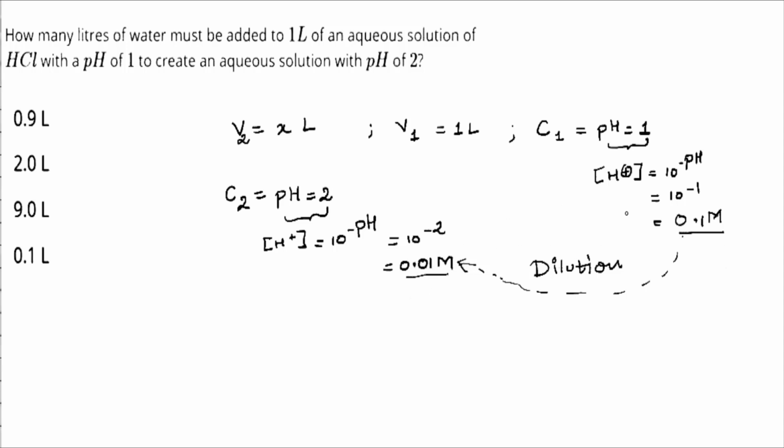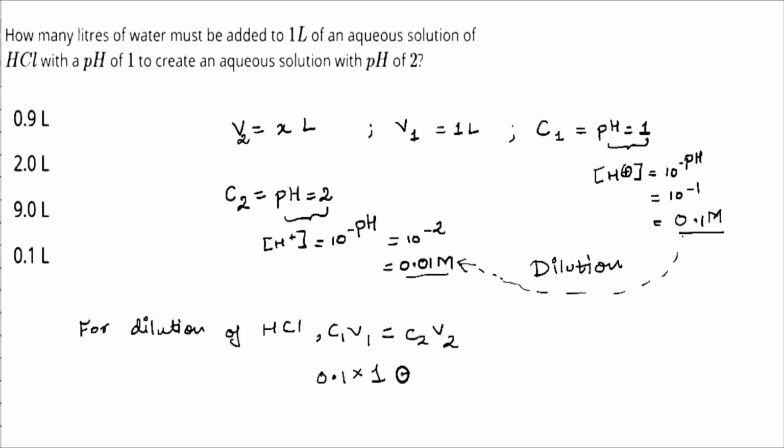Since both the solutions are related to each other, for dilution of this HCl, C1V1 is equal to C2V2. So C1 is 0.1, V1 is 1, C2 is 0.01, and V2 we have to find out.